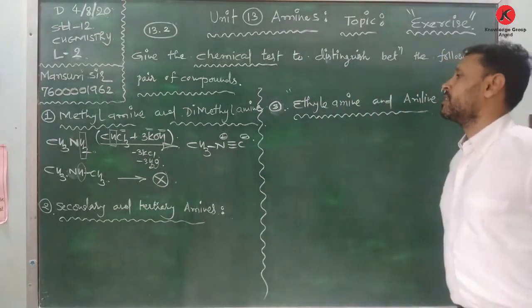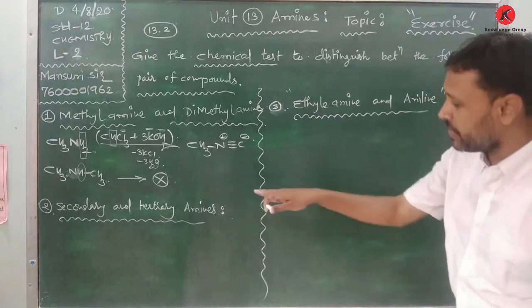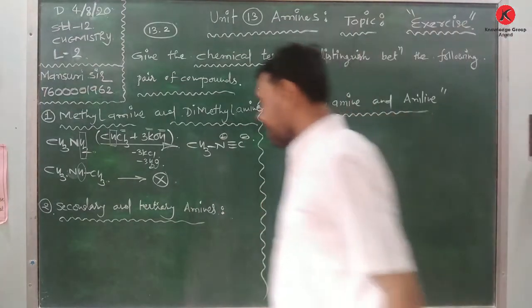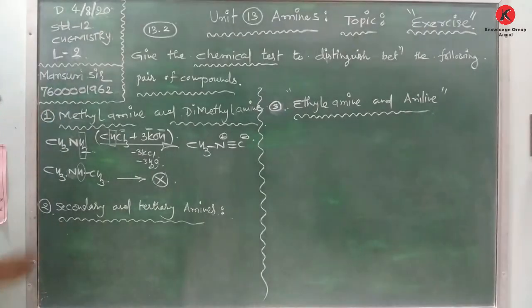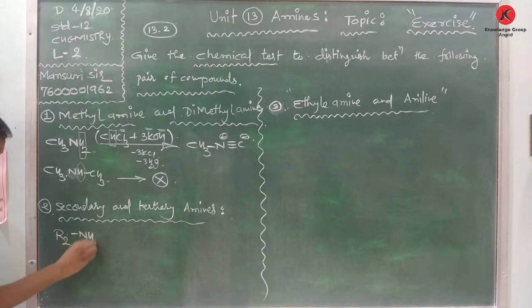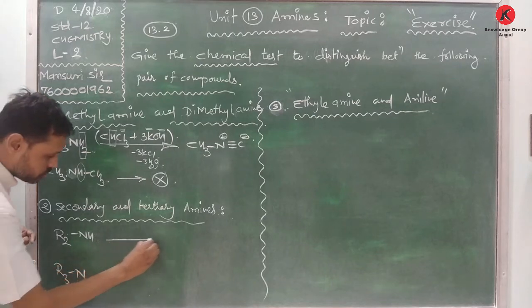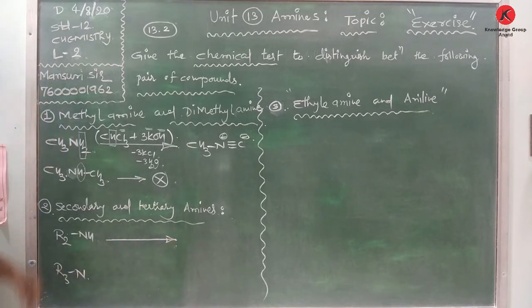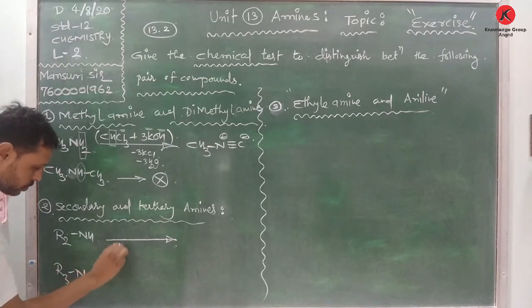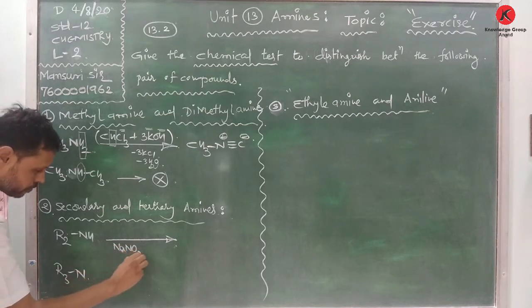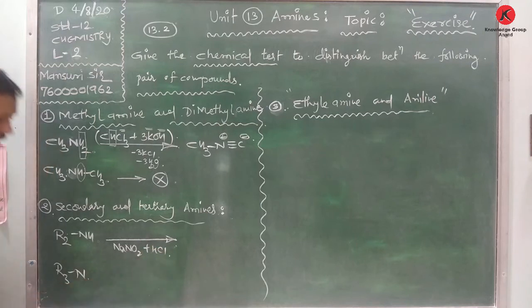Thereafter we go to secondary and tertiary amines. Secondary amine you can write as R2NH, and tertiary amine as R3N. R2NH gives the test with NaNO2 plus HCl.